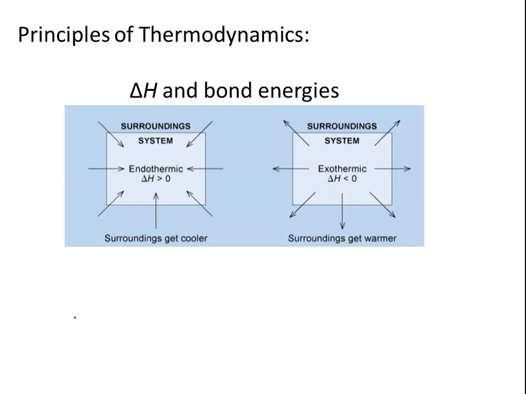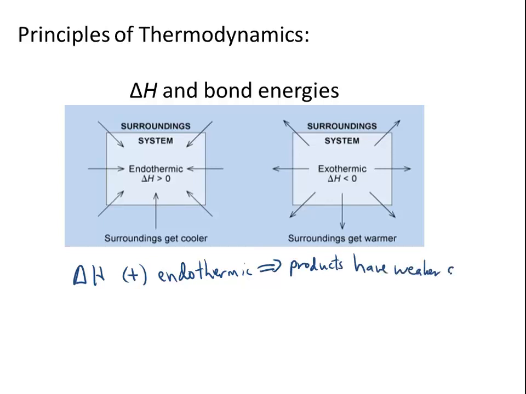The reason we care about enthalpy and the reason we care about endothermic and exothermic properties is that delta H positive, endothermic, means that the products have weaker chemical bonds than the reactants.